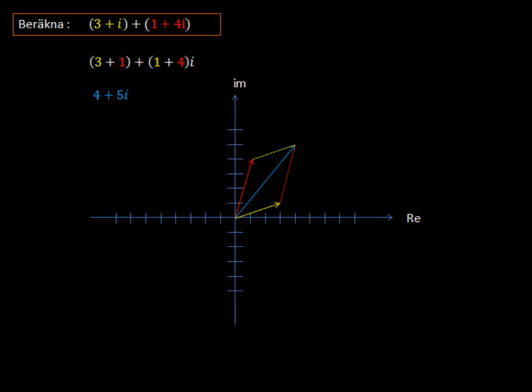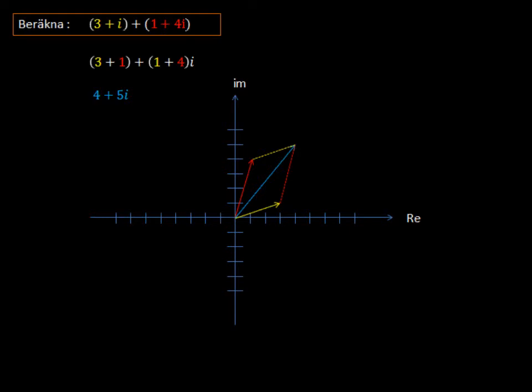So you could either take this yellow one here and then slide it up so that it's tail to tip, and then you get your finished product there. Or you could have taken this red one and slide it over just like that, following this yellow one there, and then you'd get your other side. But either way, you get a parallelogram, and then you get your nice result, which is this blue one there.